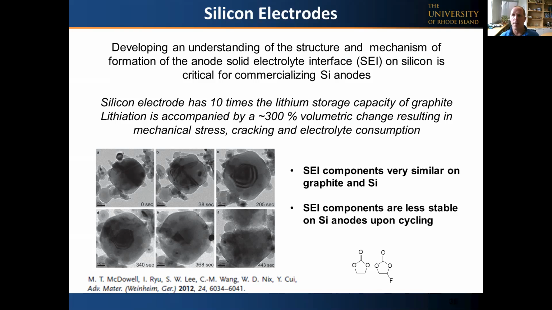And so what we wanted to do is try and understand this difference between ethylene carbonate and fluoroethylene carbonate on silicon anodes. We focused on fluoroethylene carbonate because various literature reports have suggested that it is the best anode SEI film forming additive for silicon anodes.